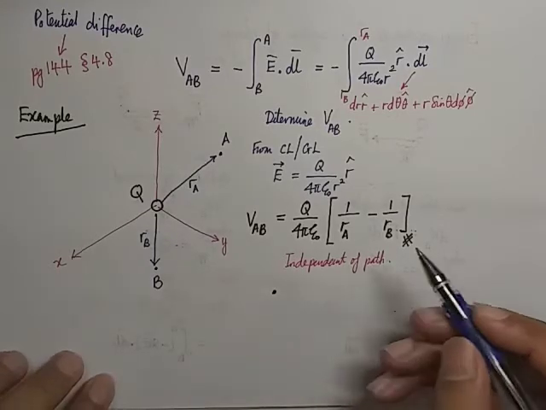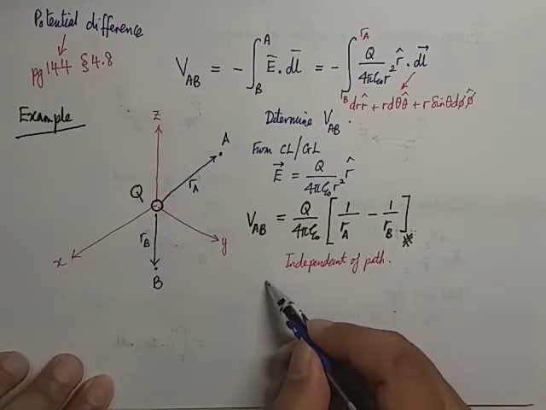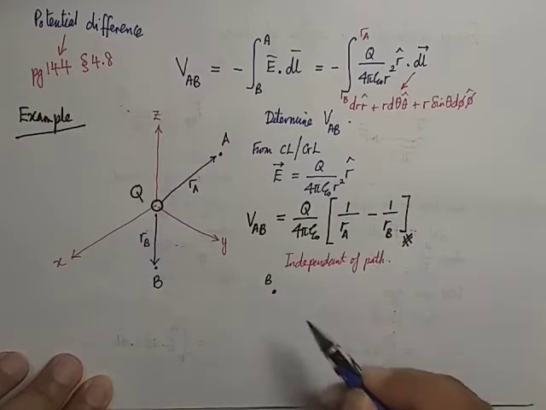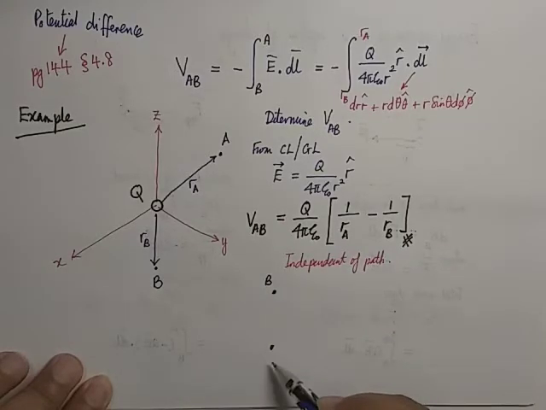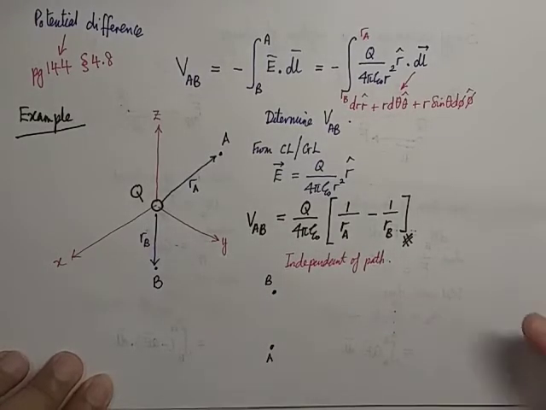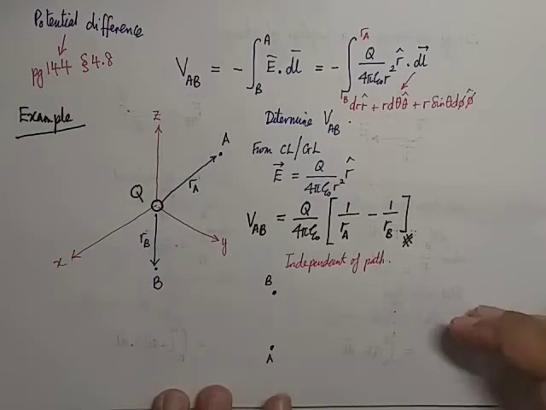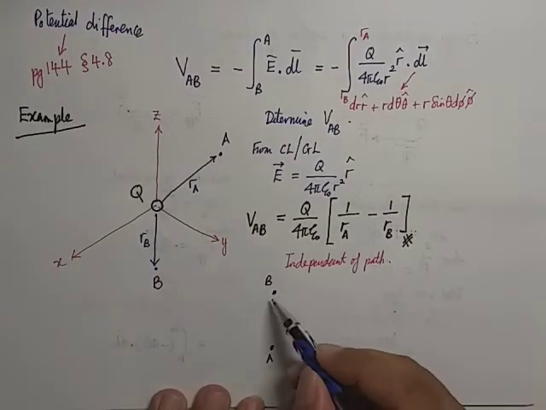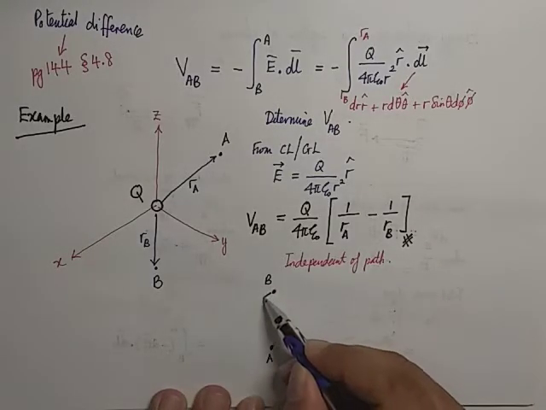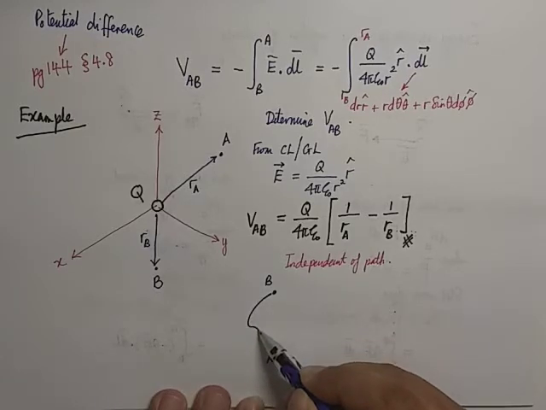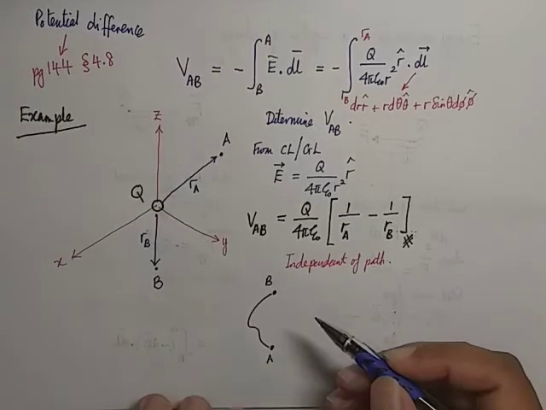I'm going to call it point B, and this is point A. When I move a point charge from B to A via this path, I'm going to create a potential difference.